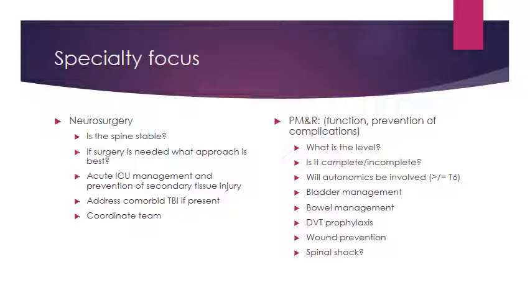Sometimes they'll also be treated with steroids to help with the inflammation issue and help prevent secondary necrosis. If there's other injuries to the patient, then they can help coordinate the team and make sure the right people are involved. Do they also have a fracture somewhere? Do they have a comorbid brain injury, which is not uncommon, especially in higher cervical spine injuries related to like a car accident as opposed to a gunshot wound. And they help with the initial team coordination.